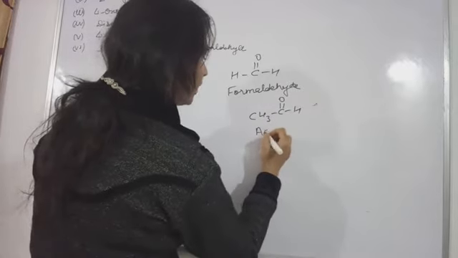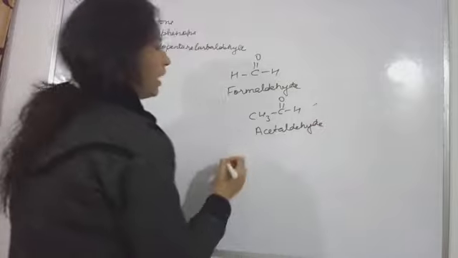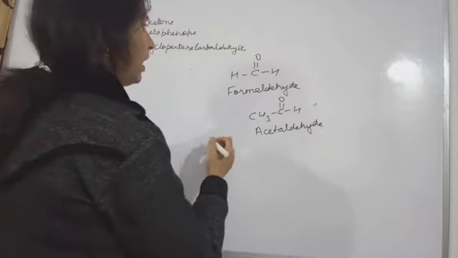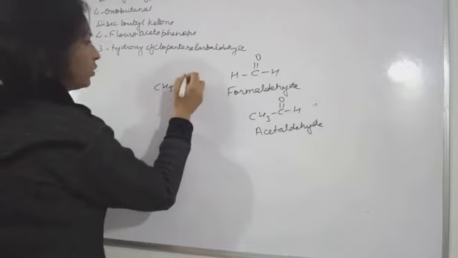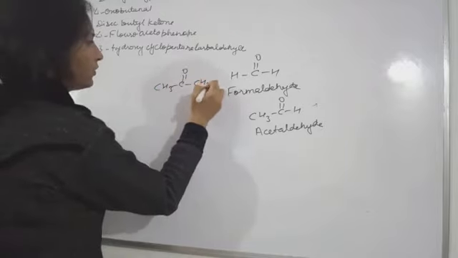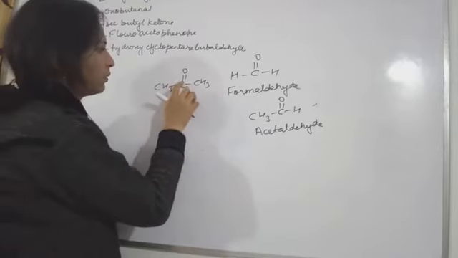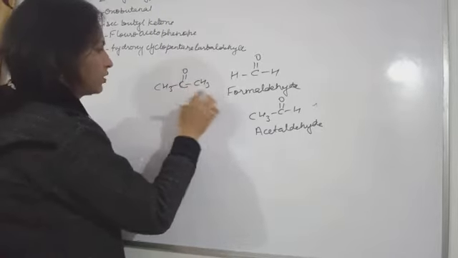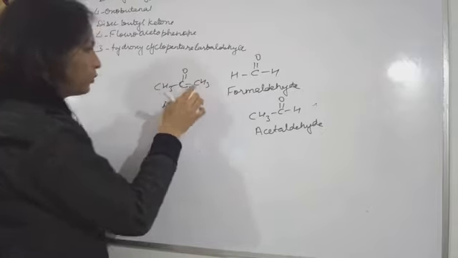So this will be called acetaldehyde. And if you are asked to write the common name of the smallest ketone, the smallest ketone will have 3 carbons: CH3 C double bond O CH3. The common name is acetone, and the IUPAC name will be what?